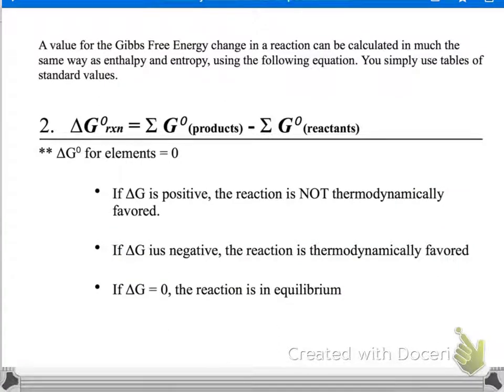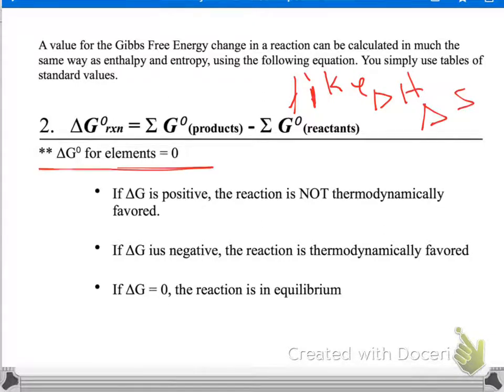All right. So there's lots of other ways to calculate Gibbs free energy, and the second way is just like we did with enthalpy and entropy. We just use the table of values. The key thing here is that the delta G for elements, just like for enthalpy, is 0. Okay?